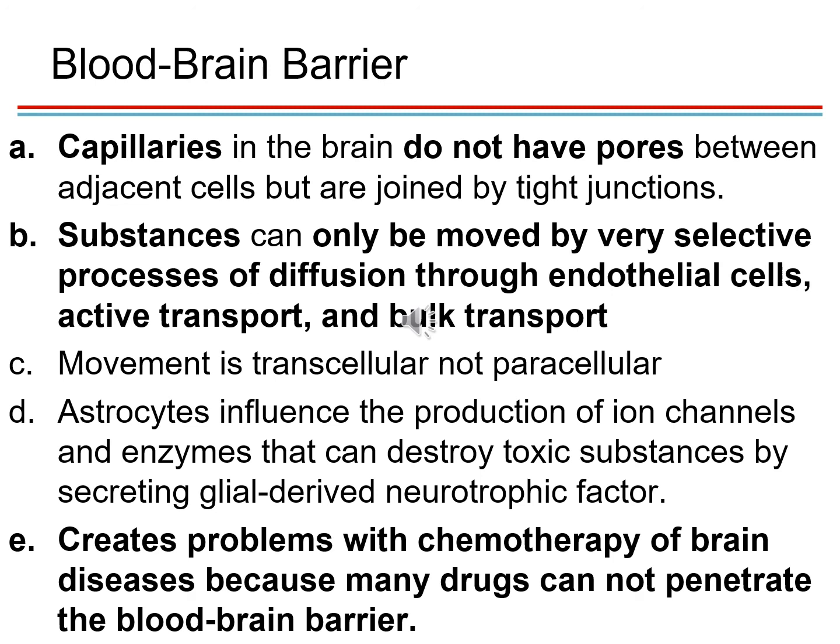So keep this in mind because it's very important information about the blood-brain barrier. In one way, it's designed to protect the central nervous system tissue, but in another way, it interferes with medication if the patient is affected by one of the kinds of disorders that I mentioned.